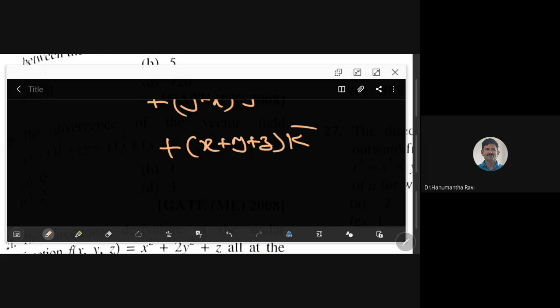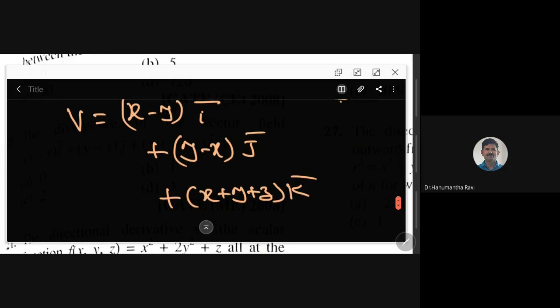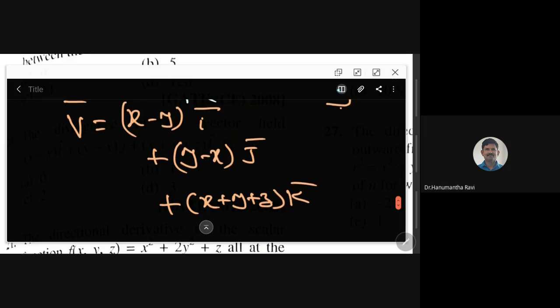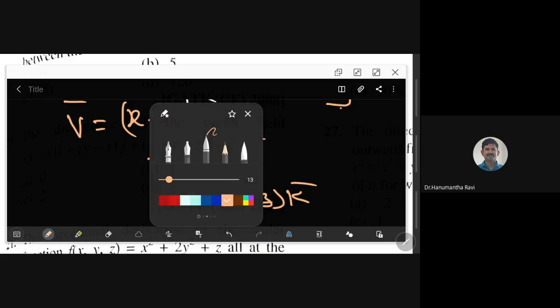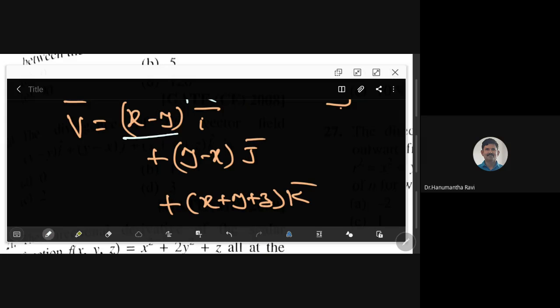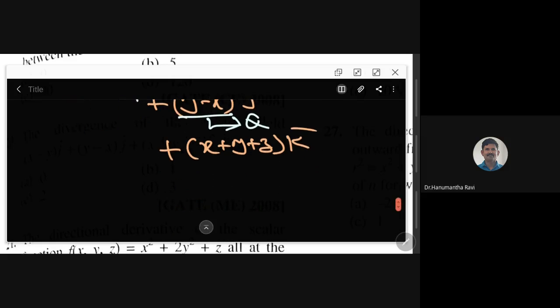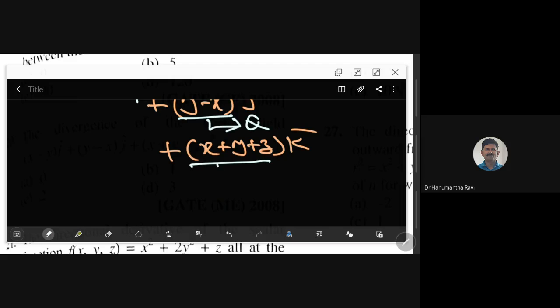Now, as before, we represent this by P, this by Q, and this by R. Now, what is divergence of V bar?